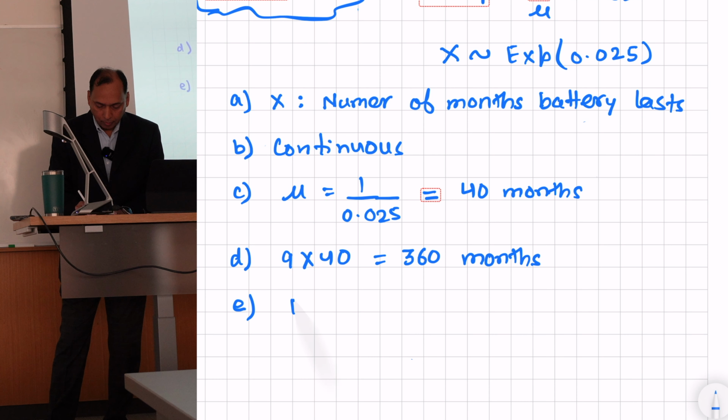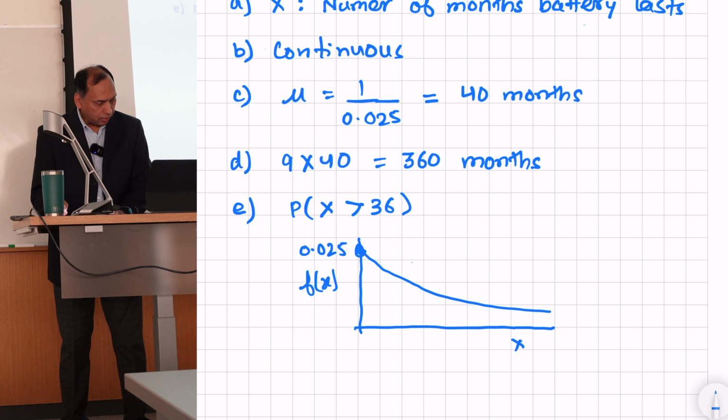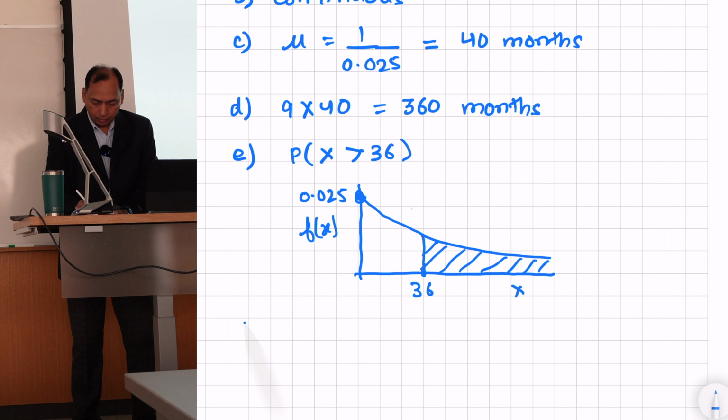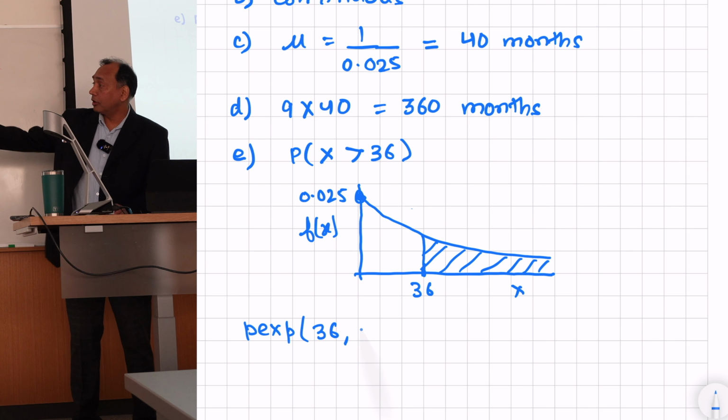E, probability that x is more than 36. So you have exponential distribution, something like this, and this number is 0.025, and this is f of x, and 36, let's say somewhere here, and we are interested in this area. P exp, 36, and then what should I put? What is the number I should use after 36?